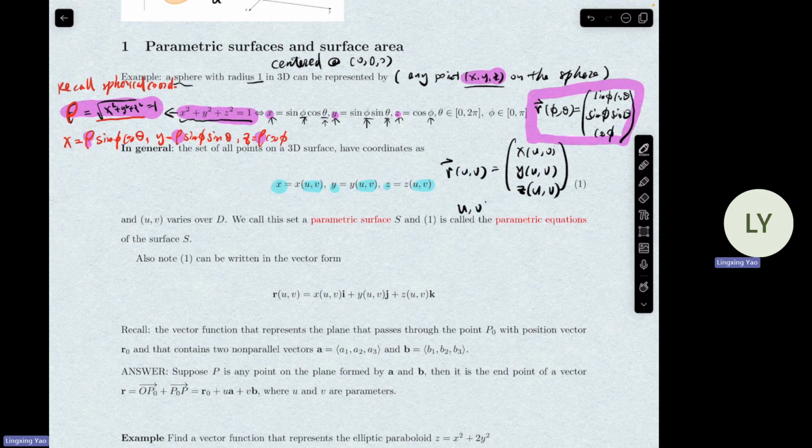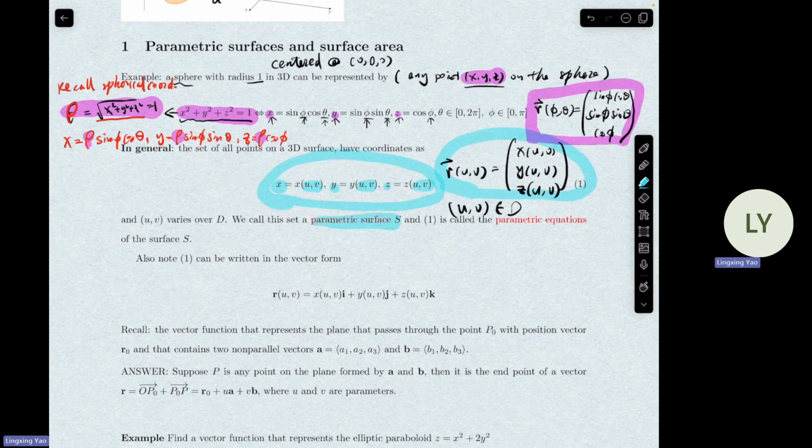Here u and v are chosen from the UV plane within a domain D. Then we would say a parametric surface S given in this form is called the parametric equation of the surface.